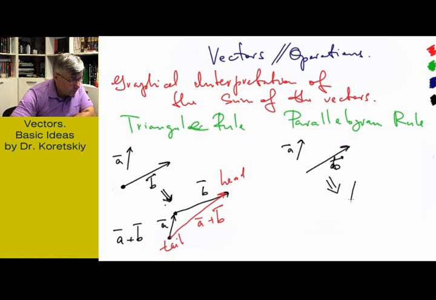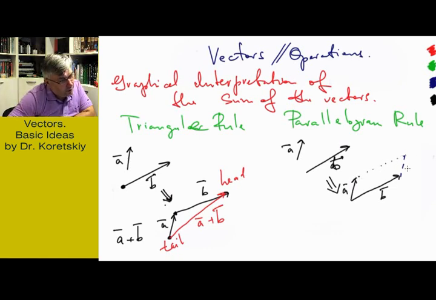This is the direction of operations. And add a new side: copy this a to the head of the b vector and b to the head of a, and this parallelogram, the diagonal of this new parallelogram, gives you vector a plus b.